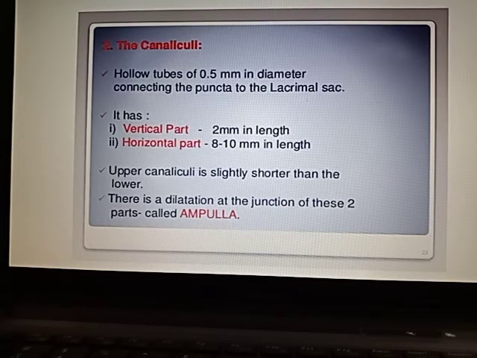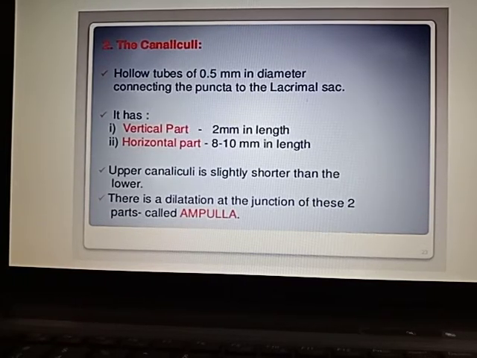Then come to the canaliculi. The puncta are continuous with the canaliculi, a pair of canaliculi. Each is a hollow tube of 0.5 mm in diameter, connecting the puncta to the lacrimal sac.